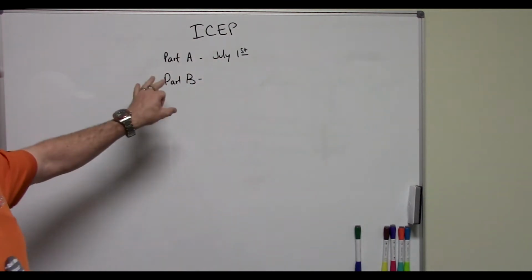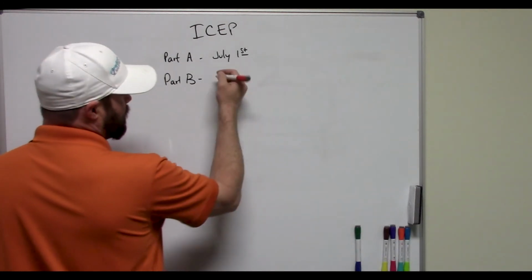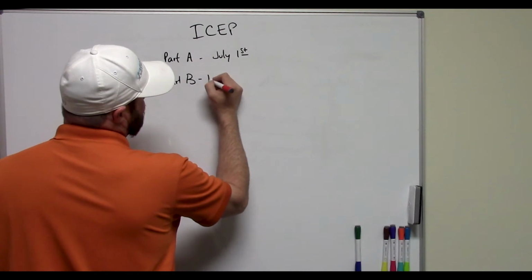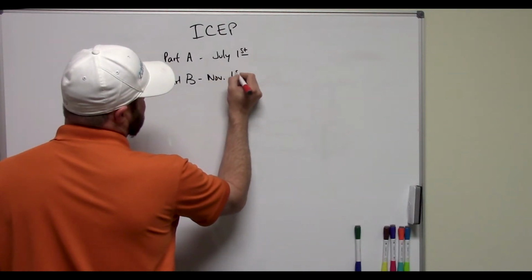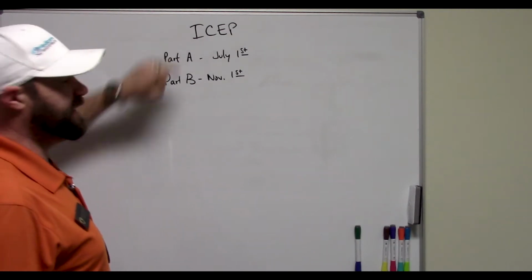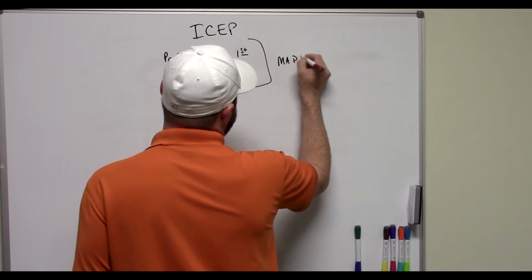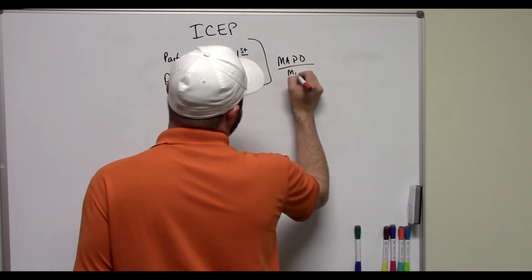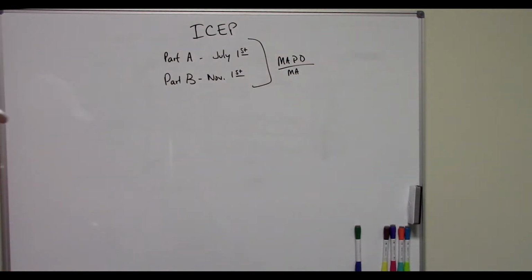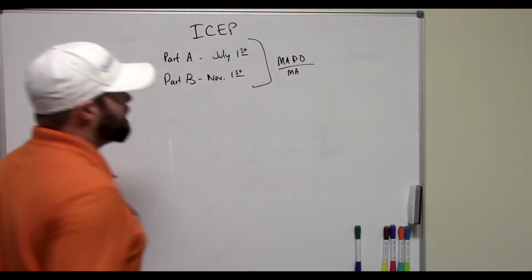So if there's a gap of greater than 3 months, so 4 or more months, like if this was November 1st for Part B, that would be a situation where we're using an ICEP. ICEP would be enrolling into an MAPD or an MA only plan if you're enrolling right at your turning 65 point. But in essence, it's to enroll into an MAPD.